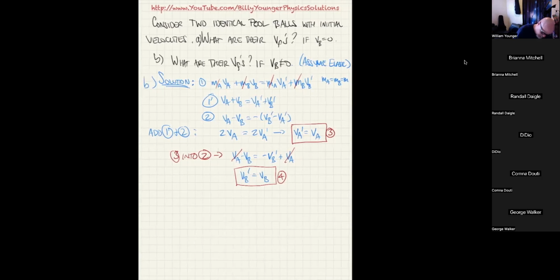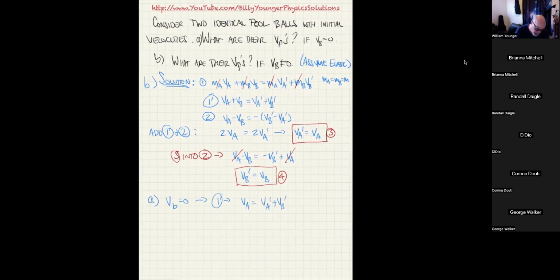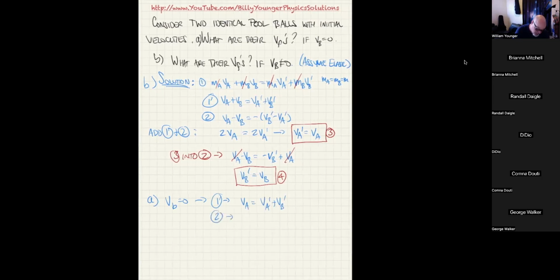Now let's see what happens when I do part A, where VB is equal to 0. That means 1 prime is now going to be VA is equal to VA prime plus VB prime. And equation 2 gives us that VA is going to equal negative VB prime plus VA prime.